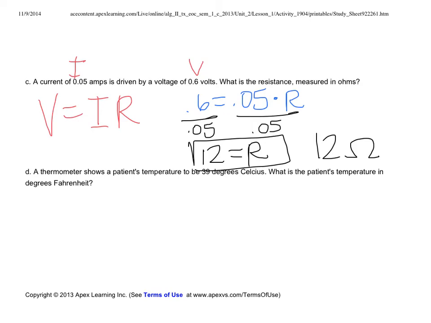And lastly, D says, a thermometer shows a patient's temperature to be 39 degrees Celsius. What is the patient's temperature in degrees Fahrenheit?